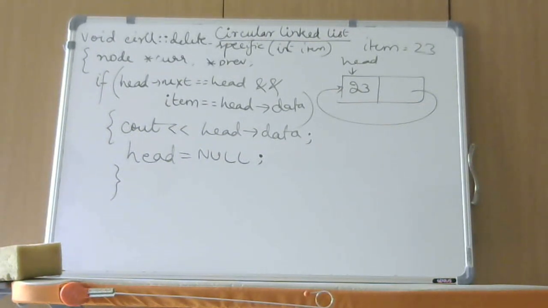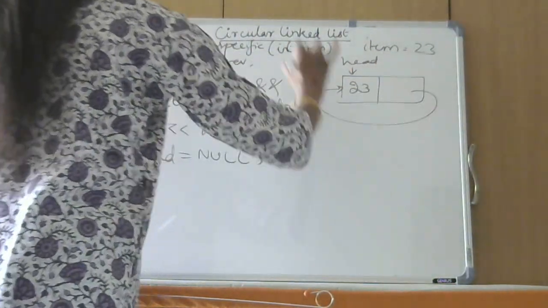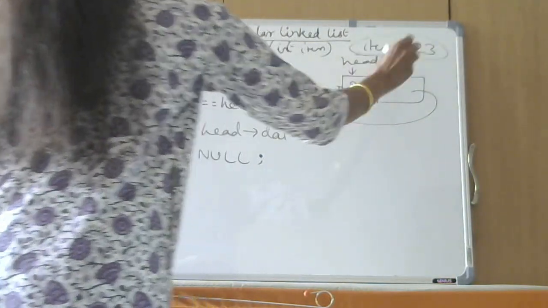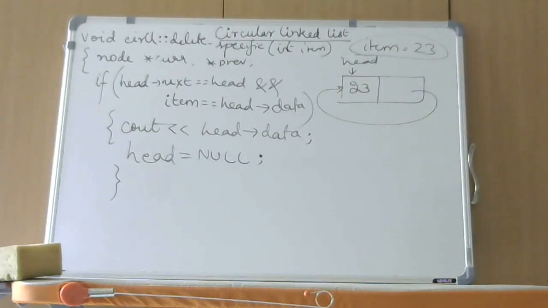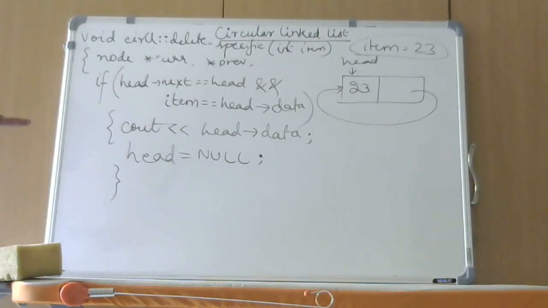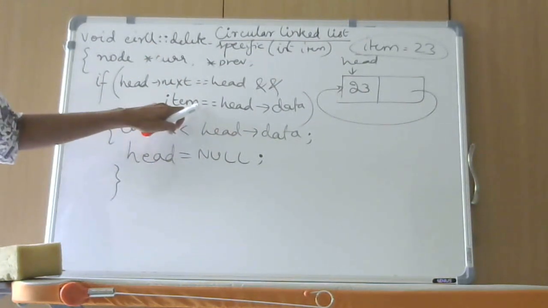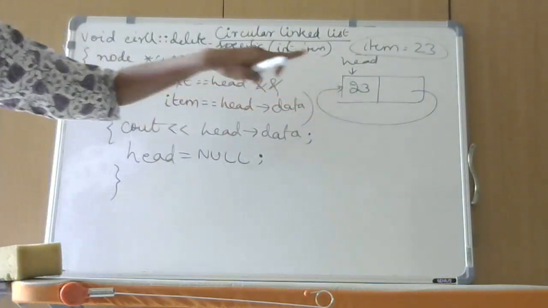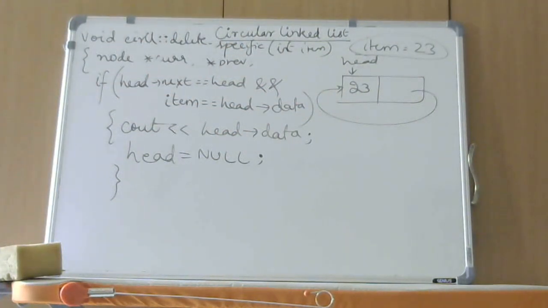Second condition, you have just one node in the list and the item is the same node that exists, 23, and you want to delete that. So if head of next is equal to head, which indicates that it is the only node in the list, and item is equal to head of data, this is the same item. It may not be the same item also. In that case, you have to say item not found.